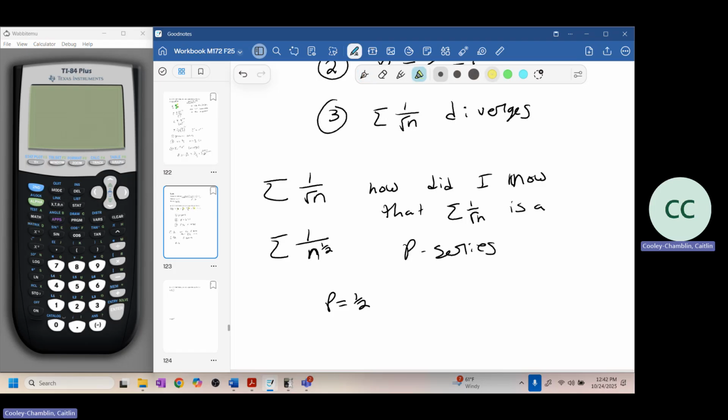Well, here, my n is the base of this particular number, and 1/2, a number, is my power.